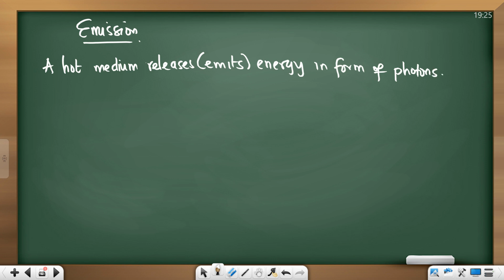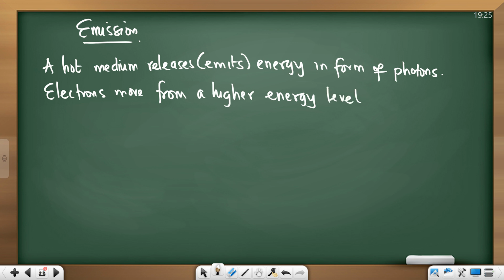It means the electrons move from a higher energy level to a lower energy level. And I want to show you a little tricky question they will ask you.